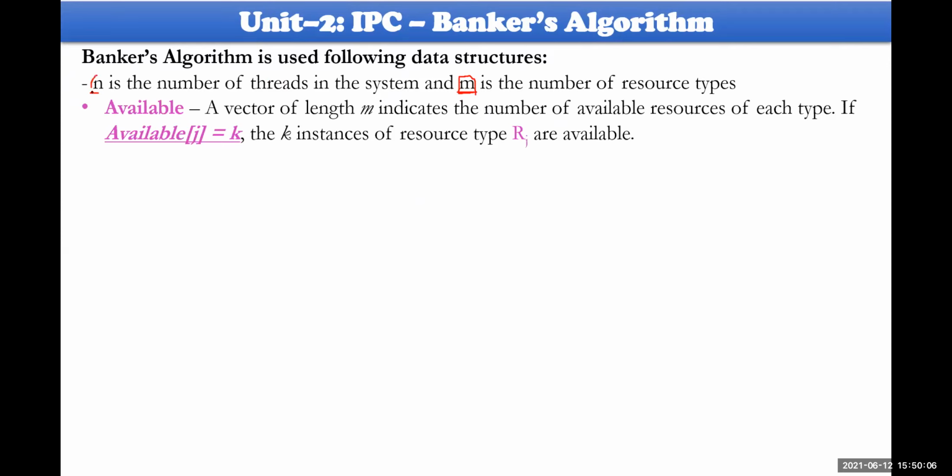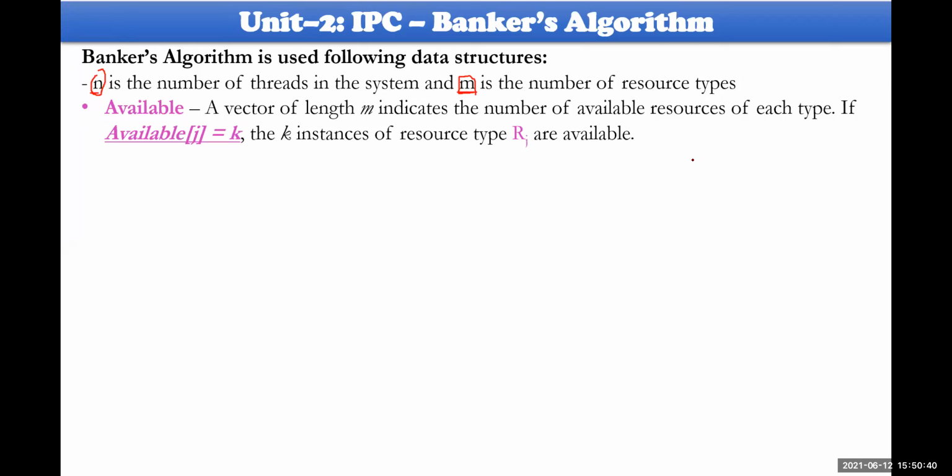Next is Available: in the entire system, how many resources are available of type j. Always j represents the resources, and i represents the processes or threads. So the total number of available instances of resource type j will be equal to k, where k is a number.